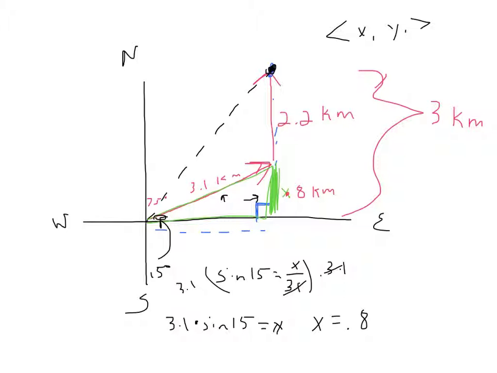So I figured out that bottom portion of it, added that to 2.2, and I got 3 kilometers. Now I have to figure out the distance east. I just figured out the distance north, from the bottom part up to the top. Now I want to figure out the distance east here. I want to figure out that red line. So I'm going to erase what I just went over.